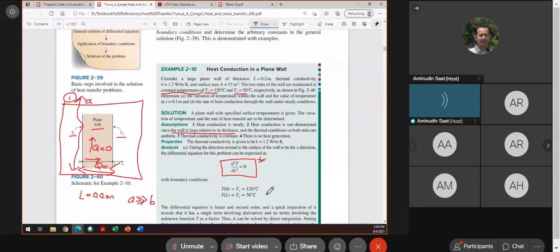So basically this is your boundary condition.